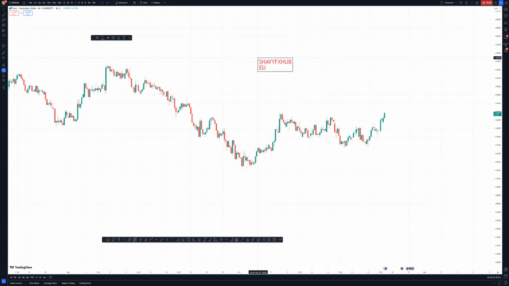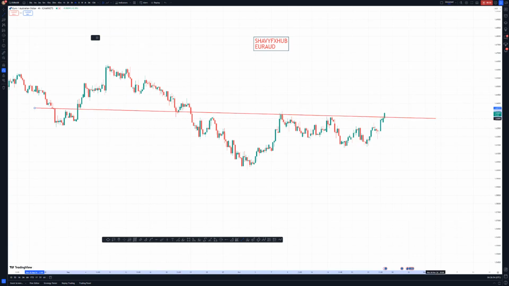Let's make a quick Euro AUD fresh analysis for the day and see where this potential rally could take price to. We are looking out for a 4 hours break of structure and a possible retest.